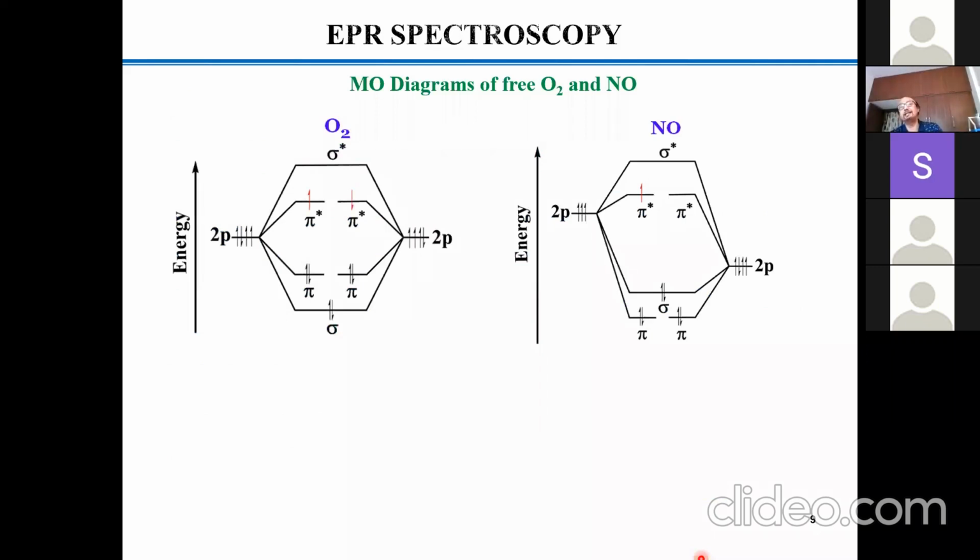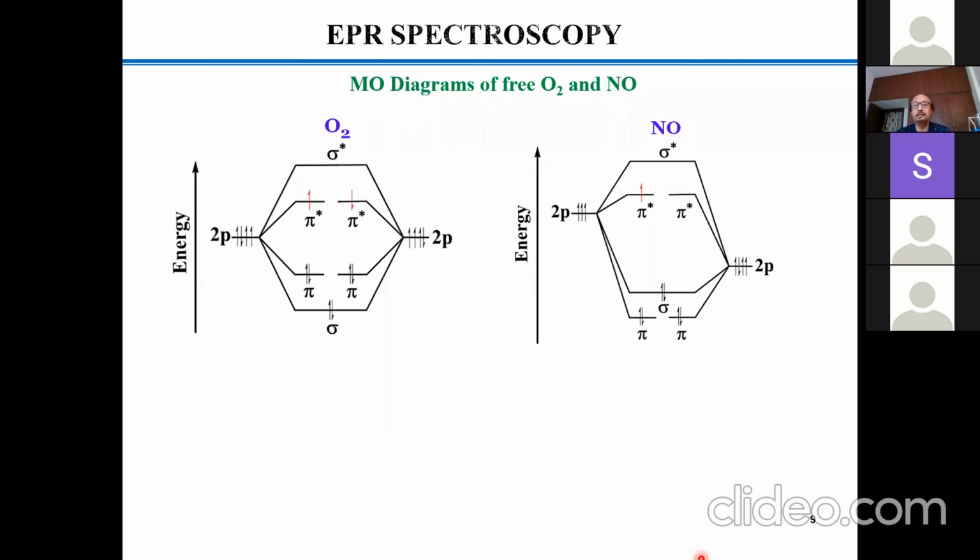Now, as I said, for a molecule to be EPR active, you need to have at least one unpaired electron, if not more. If you see our nature, there are certain paramagnetic molecules, not many. I have just drawn two. These are biologically relevant, very important molecules.